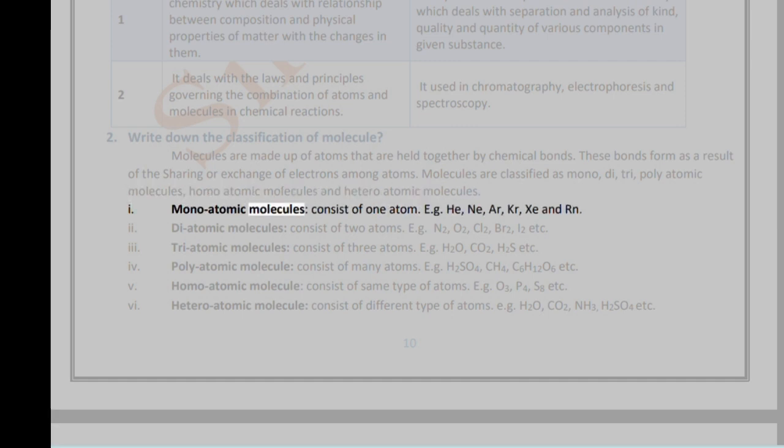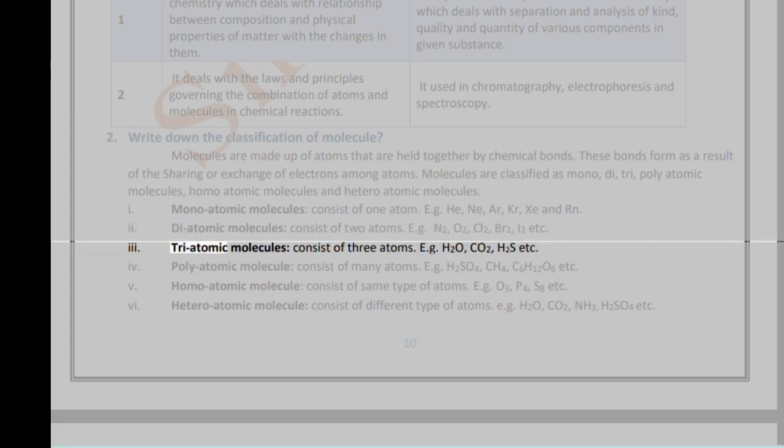Monoatomic molecules consist of one atom, e.g. He, Ne, Ar, Kr, Xe and Rn. 2. Diatomic molecules consist of two atoms, e.g. N2, O2, Cl2, Br2, I2 etc. 3. Triatomic molecules consist of three atoms, e.g. H2O, CO2, H2S etc.